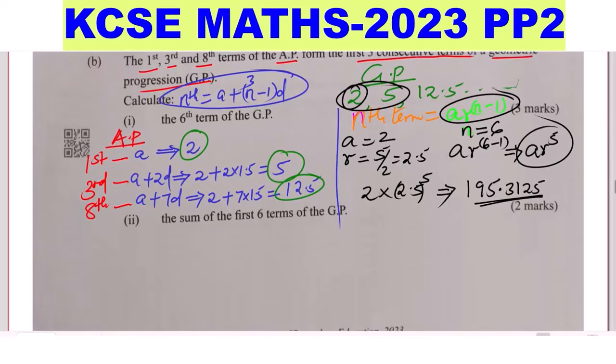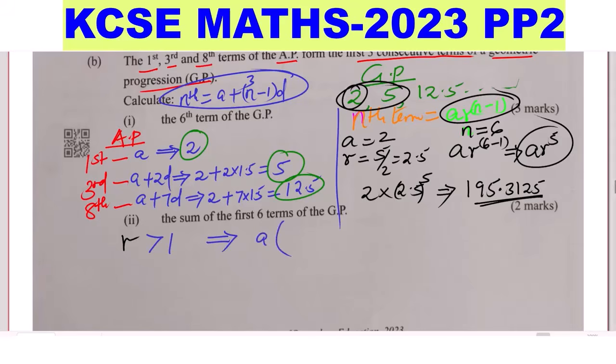Let's go to part 2. The sum of the first 6 terms of the GP. How do we get the sum of a number of terms of a GP? There are 2 formulas, and both formulas depend on the common ratio. For example, if the common ratio is greater than 1, we use this formula.